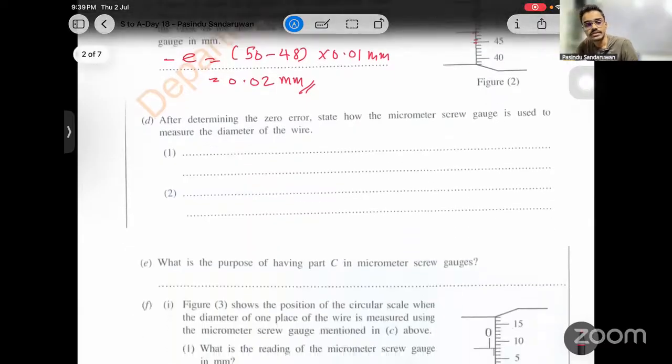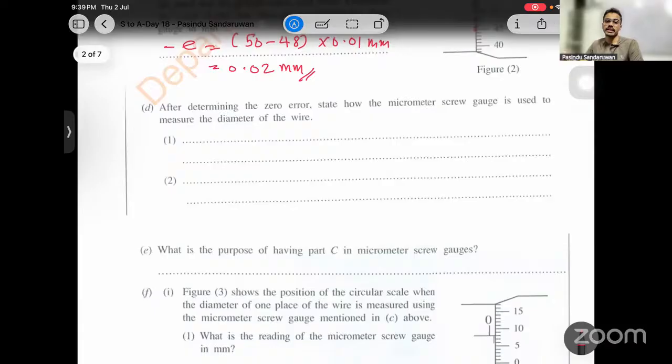After determining the zero error, state how the micrometer screw gauge is used to measure the diameter of the wire. Now the zero error is known. To measure anything using the micrometer screw gauge, we have to keep it in between the anvil and spindle and rotate the thimble head until a ticking sound is heard.